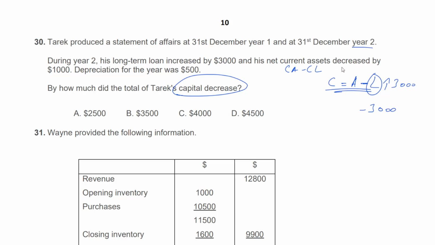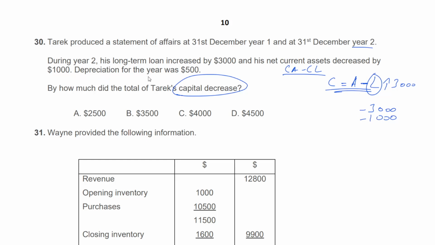Net current assets decrease by 1,000, with the current liabilities trumping over the current assets by 1,000. So that will again have 1,000 of negative effect. Assets minus liabilities, liabilities again win. The subtraction is greater than the addition, isn't it? The overall change in the current assets is 1,000, and so that will also be subtracted.